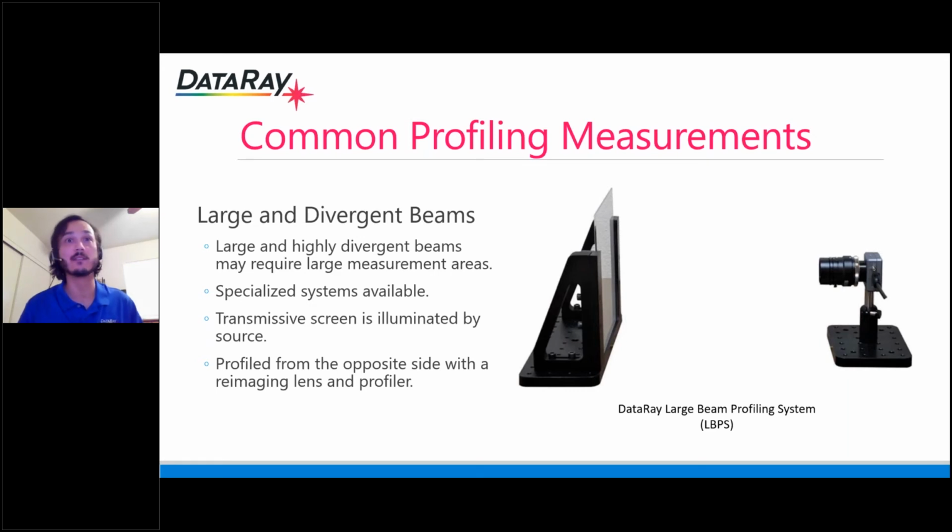Instead of using a large sensor, it's a transmissive screen that's illuminated by the beam. The beam comes in and illuminates the transmissive screen, and from the opposite side, a lens and profiler will then re-image and profile that transmissive screen. Since the screen is so big, at 200 by 200 millimeters, you can capture those highly divergent beams or large diameter beams quite easily.